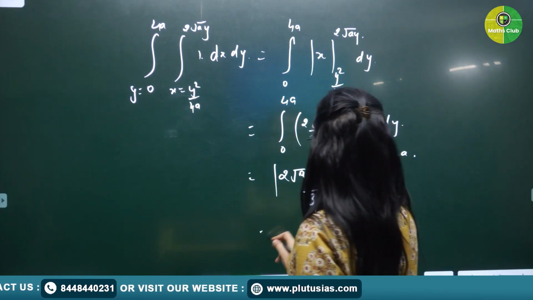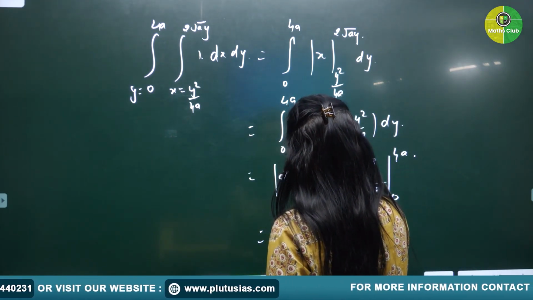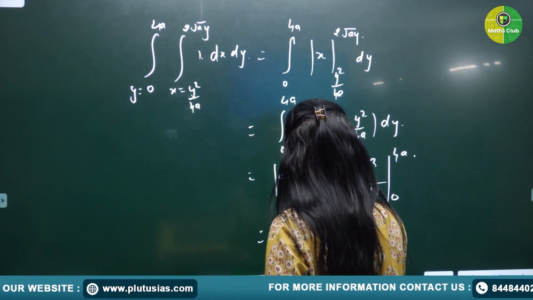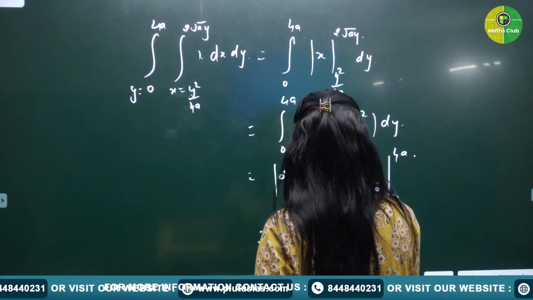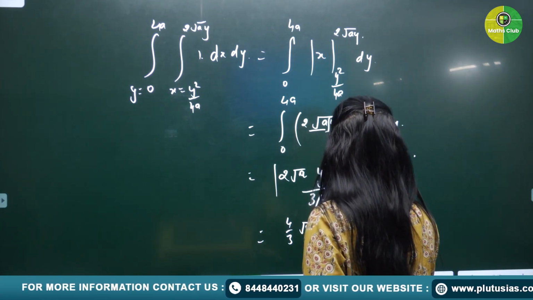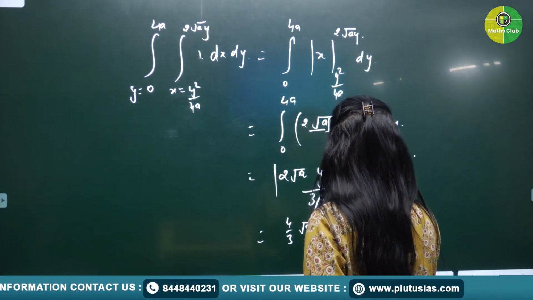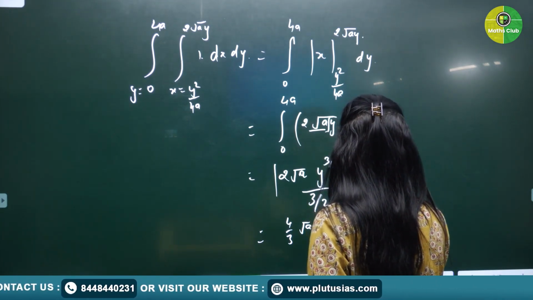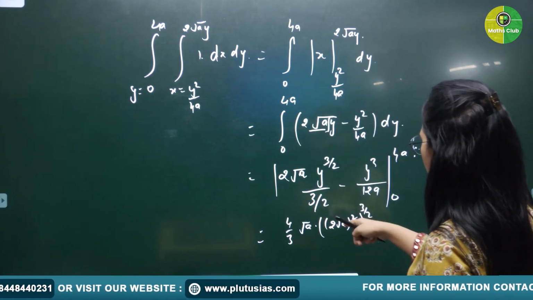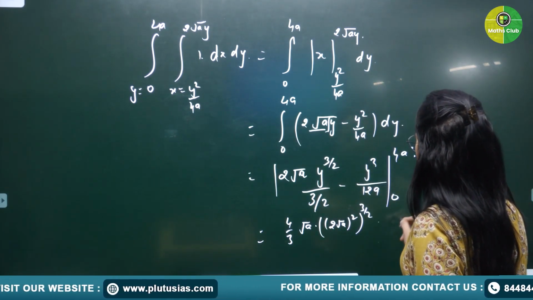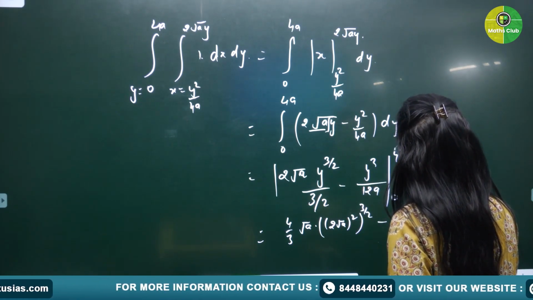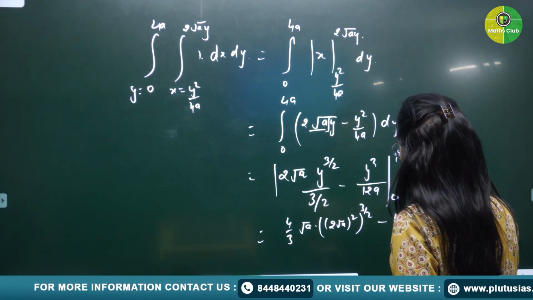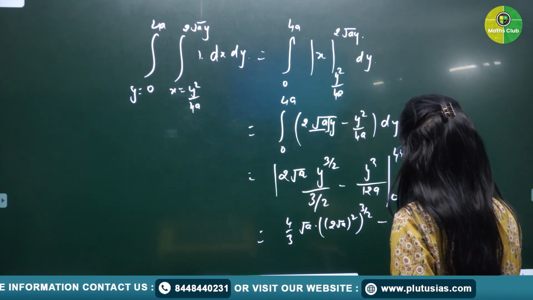So this becomes 4 by 3 root a and then 4a raised to power 3 by 2. Can I write this as 2 root a, its square, and then power 3 by 2, so that we can cut the power 2 by half, and this would be 4a cube divided by 12a.